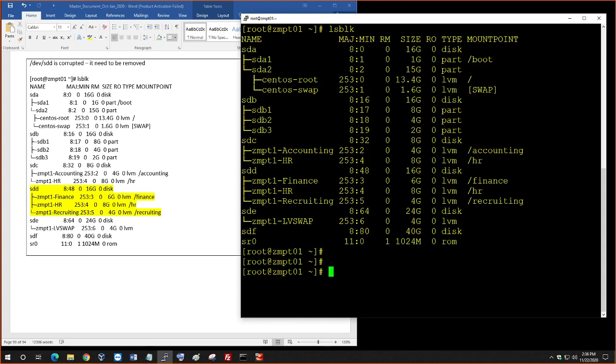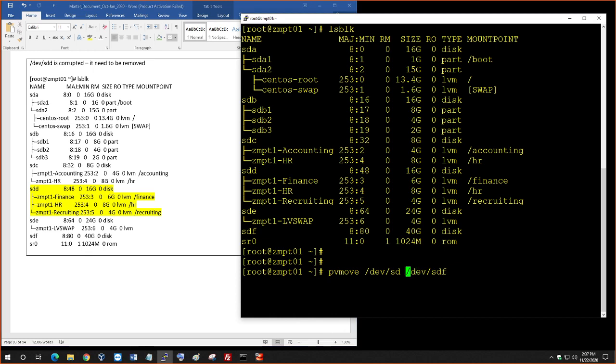So what I'm going to do is pvmove. What am I moving? I'm moving /dev/SDD. And where am I moving? /dev/SDF.